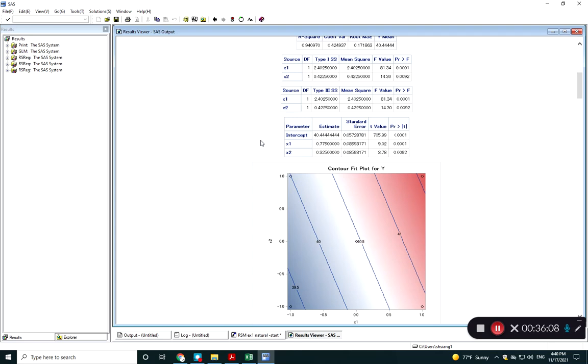Estimate is what? The directions from your coded variable. Which way should I go? Should I go for 1, 1? Or -1, -1? Or +1, -1? Should I go to any of the 4 corners? No. The direction I'm going to go will be what?